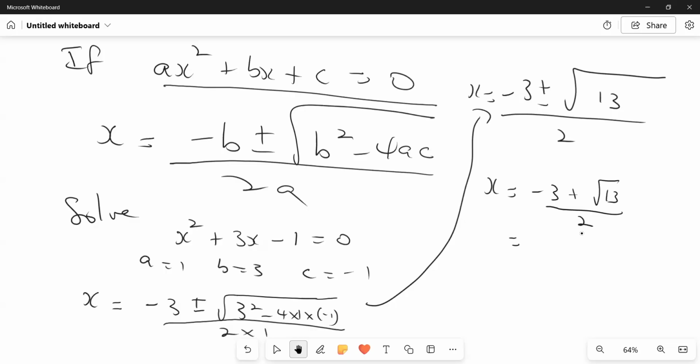Sir, I get 3.39. 3.39, all right. Anybody get something else? Square root of 13, subtract 3, divided by 2, right? Yeah, you have to be cautious. Square root of 13 is how much?